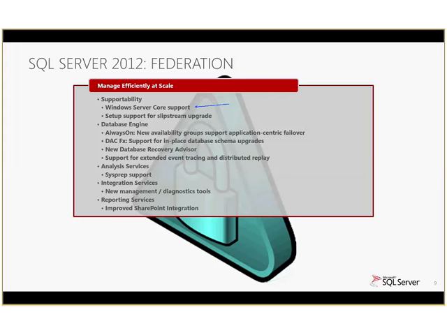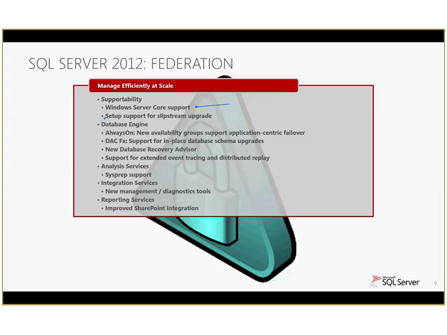It means fewer resources need to be devoted to the operating system, and a smaller security surface area. We're not running all that graphical code of the full operating system. The database engine and, I believe, Integration Services are supported on Server Core. Reporting Services too, I think, but you're going to want to verify that.